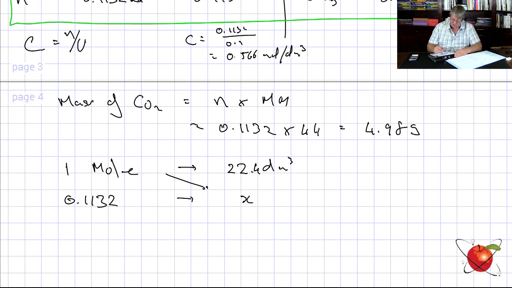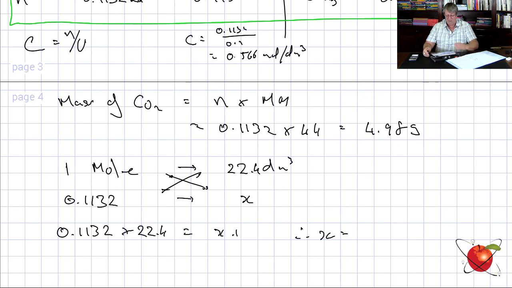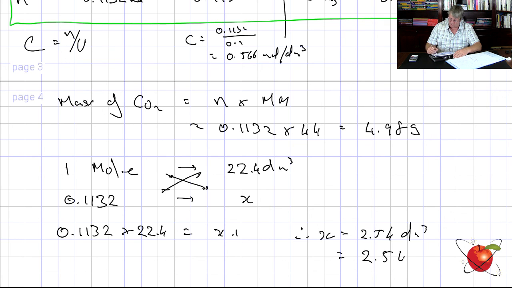What do we do? Cross multiply. 0.1132 times 22.4 equals x times 1. Therefore x, the volume of gas, is going to be 2.54 decimeters cubed, or if you like, 2.54 liters.